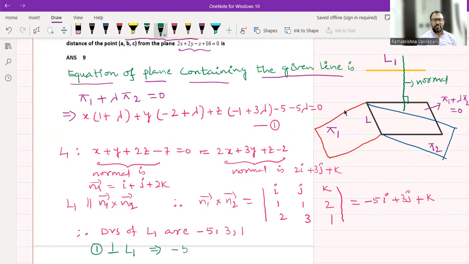So minus 5 into, what are the DRS of the normal to plane 1? 1 plus lambda, lambda minus 2, 3 lambda minus 1. So minus 5 into (1 plus lambda) plus 3 into (lambda minus 2) plus 1 into (3 lambda minus 1) equal to 0.